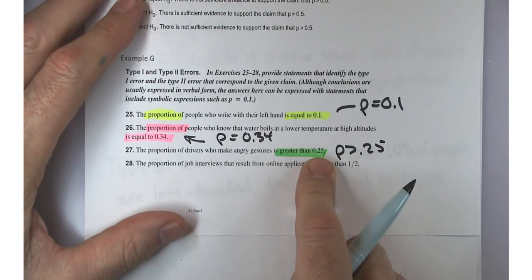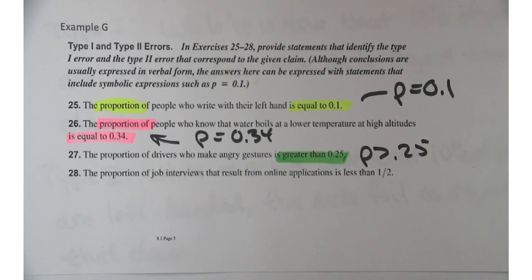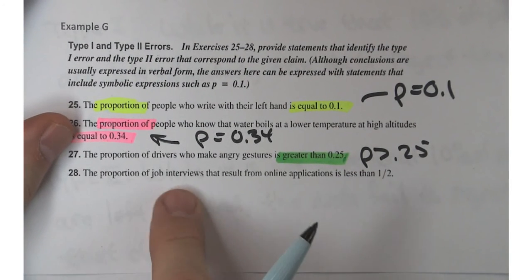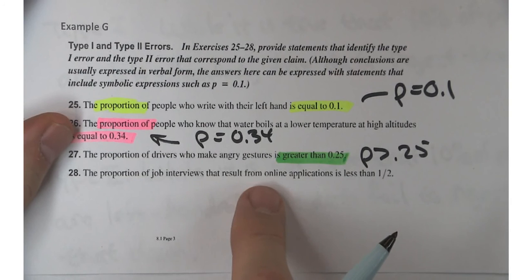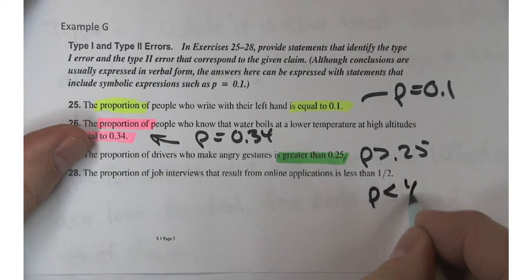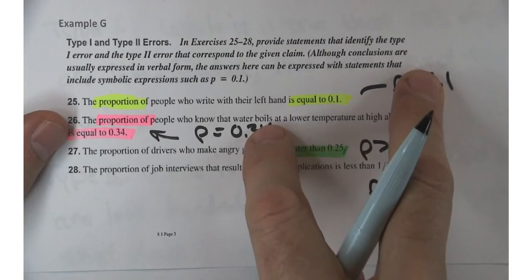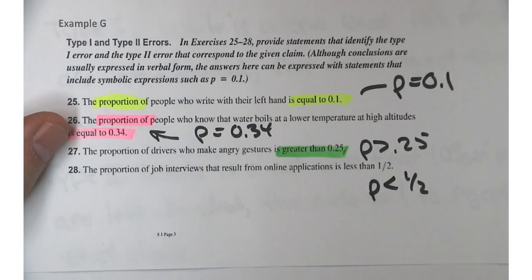I would definitely say that one's true, at least based on my own experience. The proportion of job interviews that result from an online application is less than 1/2. So that'd be P is less than 1/2. So there'd be all your statements. Those first two are going to be part of the null hypothesis. The second two are going to be part of the alternative hypothesis.